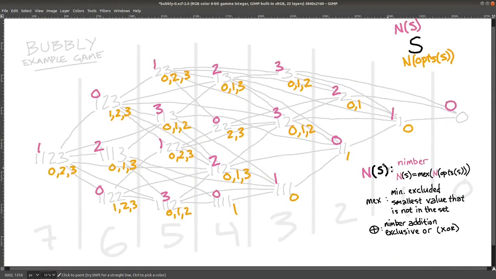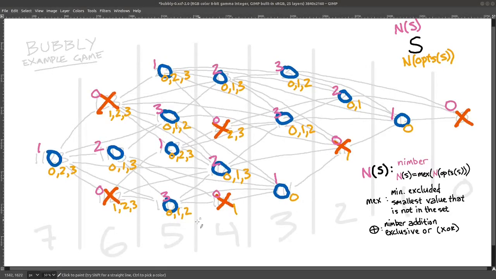Okay, I think that's probably right. One thing to check is that the ones that had a red X before, when we were doing the good state, bad state analysis, all wind up with a number of 0. Yep, 0, 0, 0. And the ones that are blue are all non-zero. Cool, great.